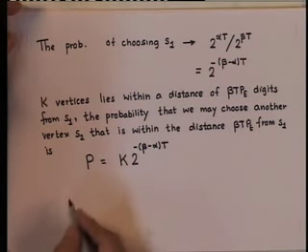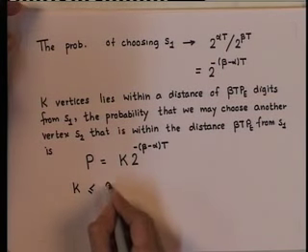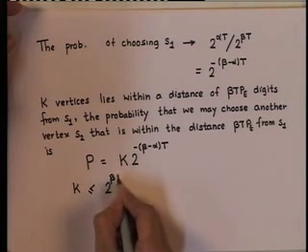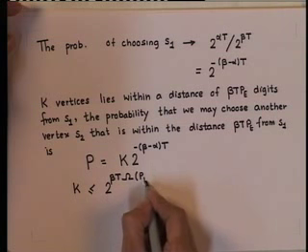Now, we have shown earlier that K is less than or equal to 2 raised to beta t times the entropy function.